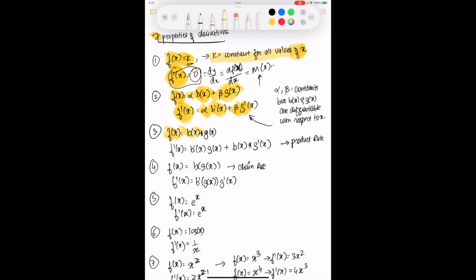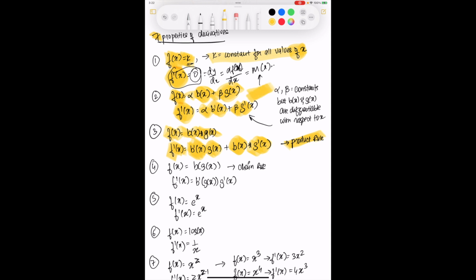When a function f of x is b of x times g of x, then the derivative of f of x is b dash of x, meaning the derivative of b of x, times g of x, plus b of x times the derivative of g of x, g dash of x. Yep. So that's the product rule. This is the addition rule.